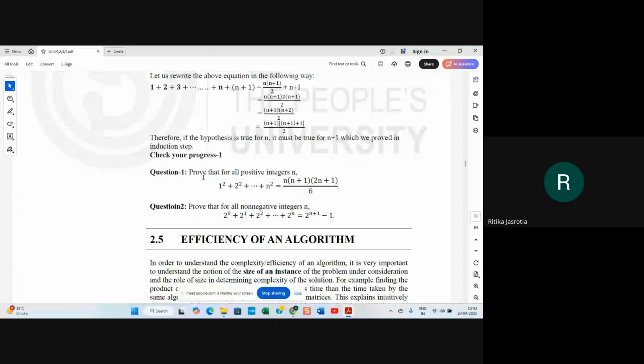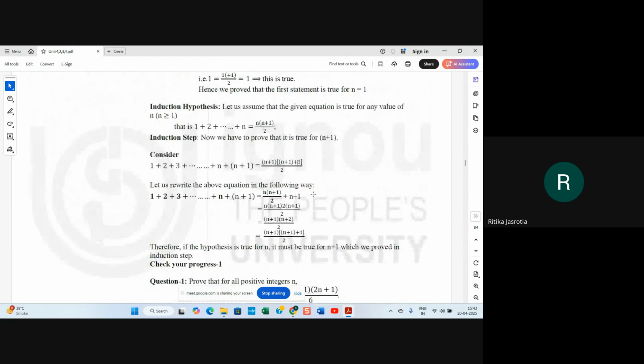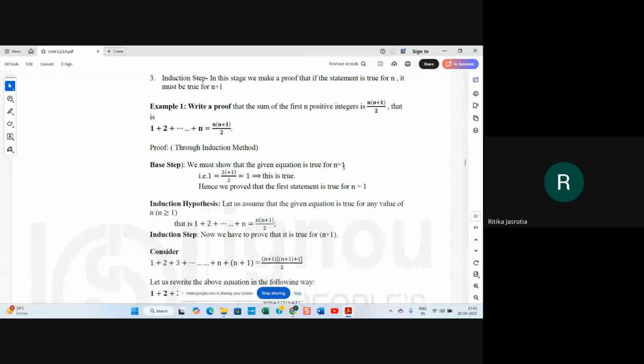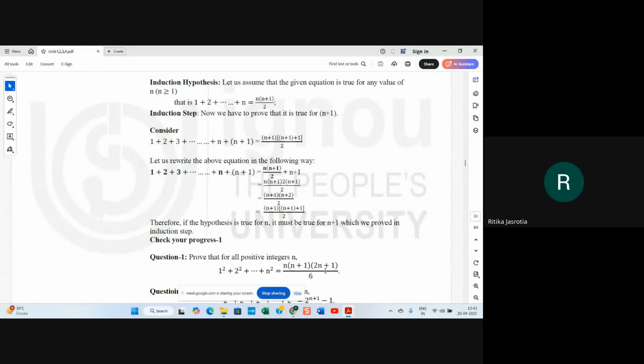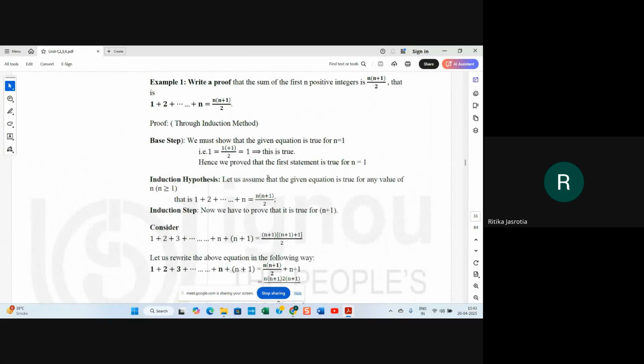Now they are saying prove that for all positive integers n, 1 square plus 2 square up to n square is equal to n into n plus 1 into 2n plus 1 upon 6. So again you will first put n equal to 1 and find out the result, right? If that is true for n, then you will take the hypothesis that 1 square plus 2 square up to n square is equal to this.